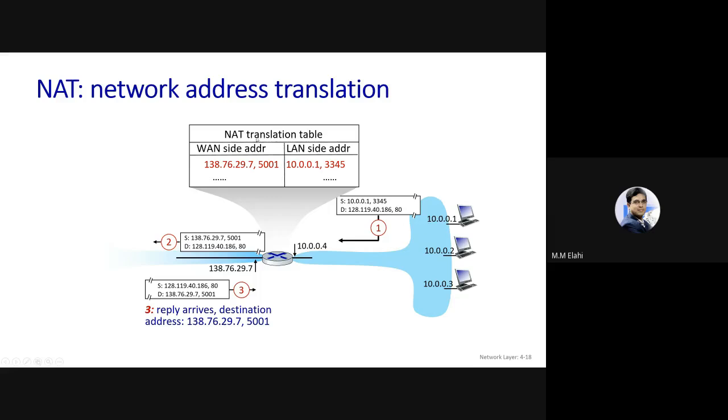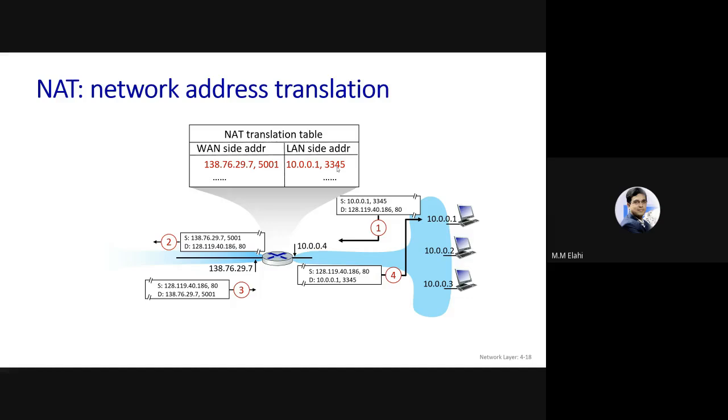So it will go to the NAT translation table to see which local host should receive this packet, right? It will match this destination. It says the local host that requested is 10.0.0.1 with port number 3345, so it will send the packet back to that particular host.